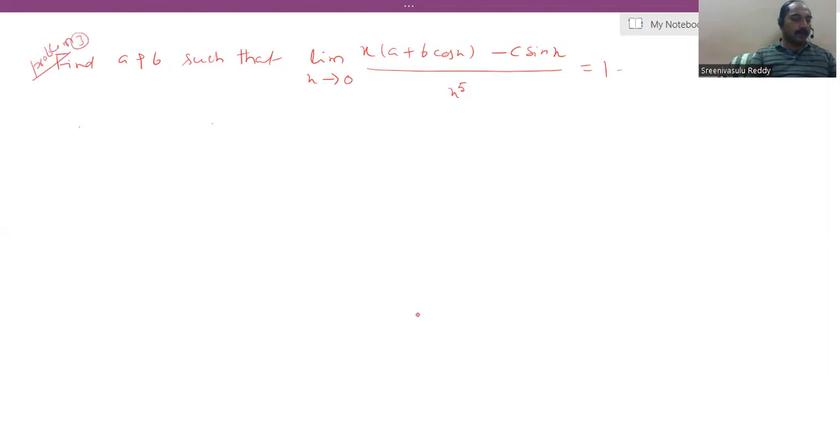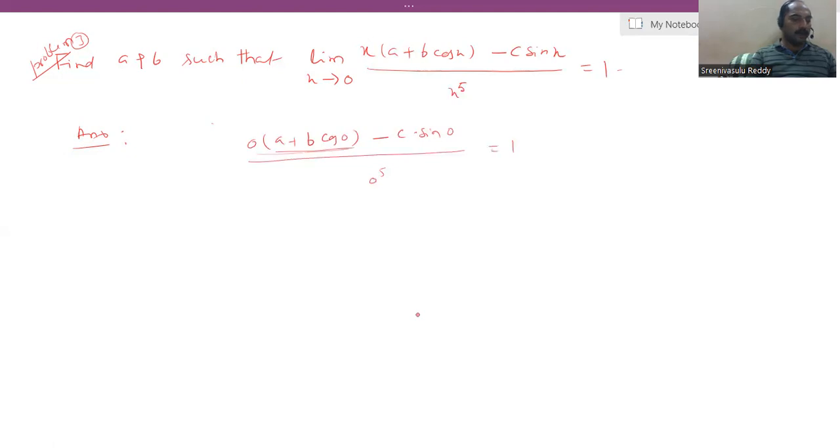Answer. First substitute the x tends to 0 value in the left hand side. What happened? 0 into a plus b into cos 0 minus c into sin 0 by 0 power 5 equal to 1. 0 into something equal to 0.